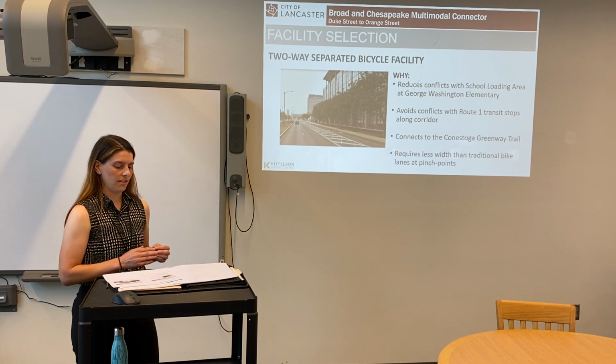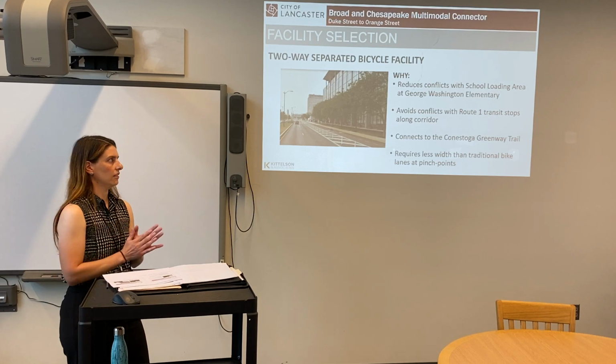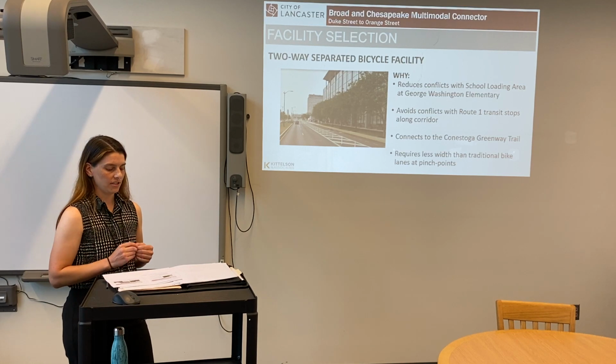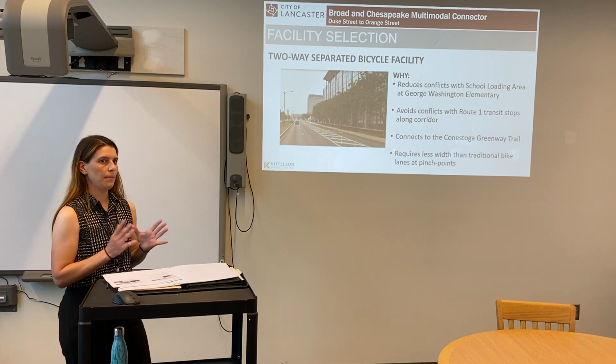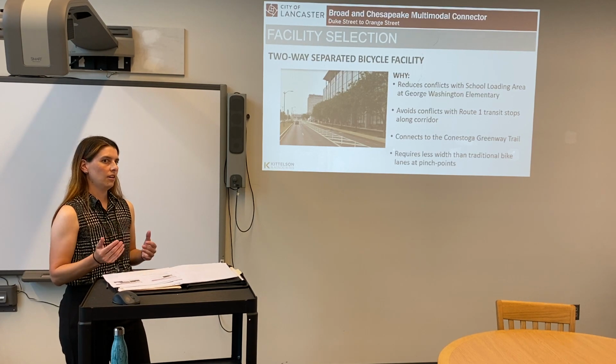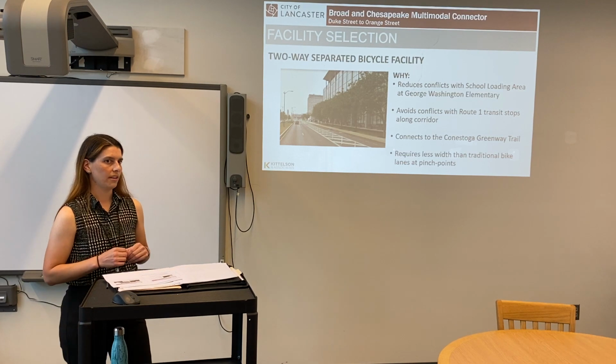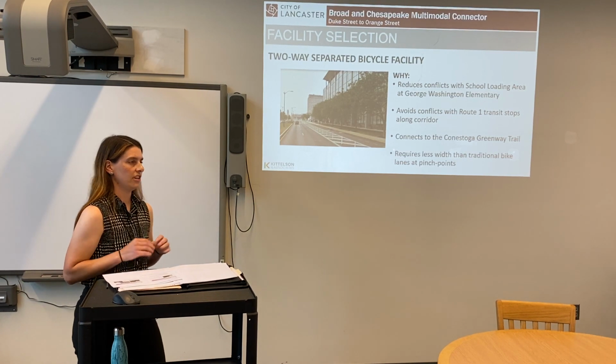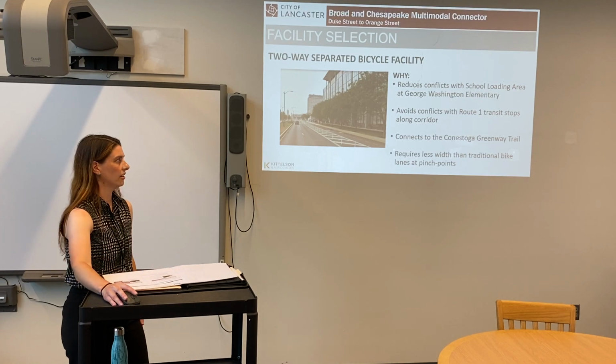And as I mentioned, combining the facility onto one side of the street allows us to make it through those pinch points without going lower than the minimum required width for the bicycle facility. So it requires less width than traditional bike lanes at those pinch point areas.